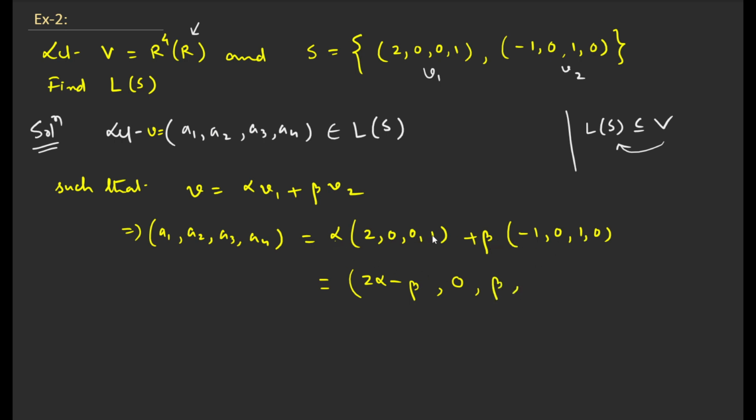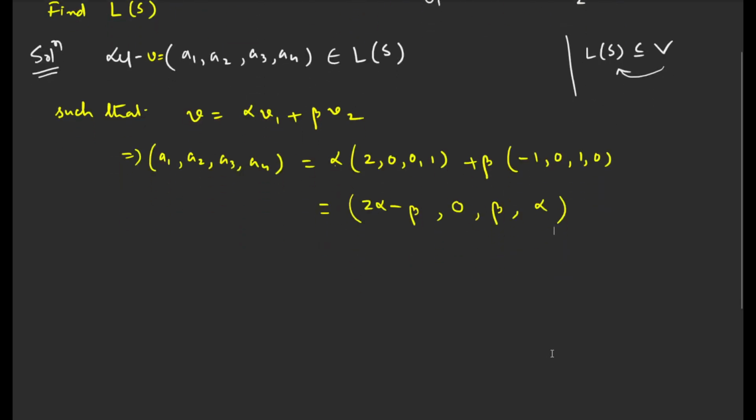And then alpha into 1, beta into 0, only alpha will come. Now if you compare, our A1 is 2 alpha minus beta. A2 is 0. A3 is beta. And A4 is alpha.